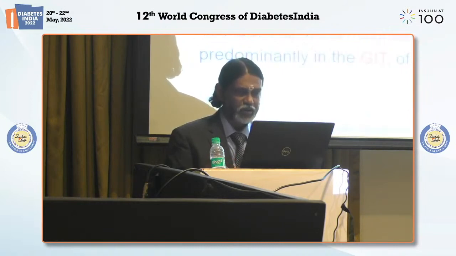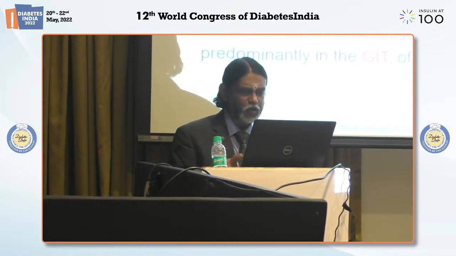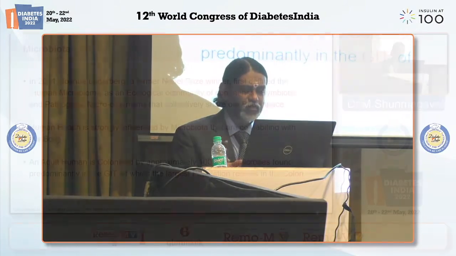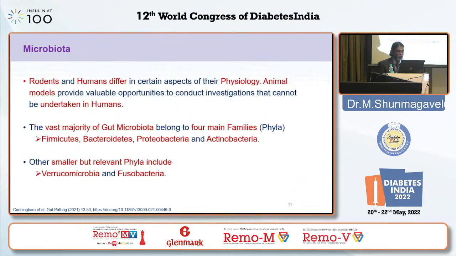So microbiota. In 2001, Joshua Lederberg, a Nobel Prize winner, first defined the human microbiome as an ecological community of commensal, symbiotic, and pathogenic microorganisms that collectively share our body space. Human health is strongly influenced by microbiota. An adult human is colonized by approximately 100 trillion microbes, predominantly in the gastrointestinal tract, of which the largest population resides in the colon.